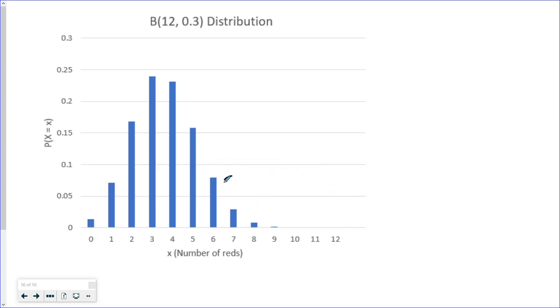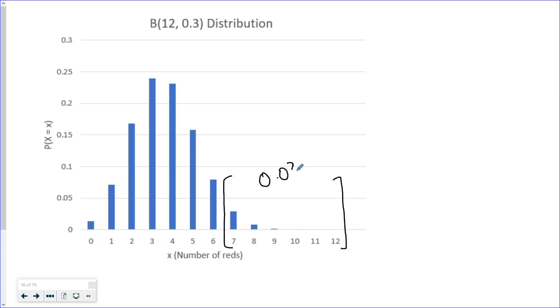So we concluded that you needed to be in this region to have a probability, and we found that was 0.0386. The probability, if you add up these bars here, is the probability of being in this region on our diagram.